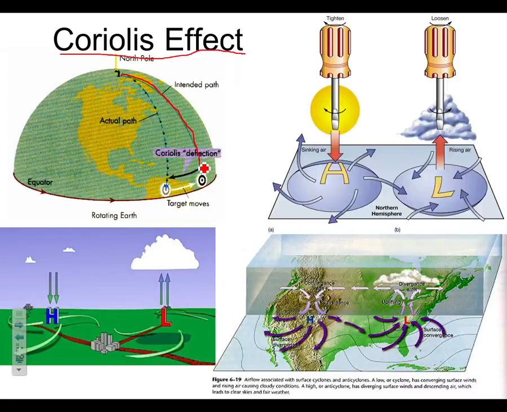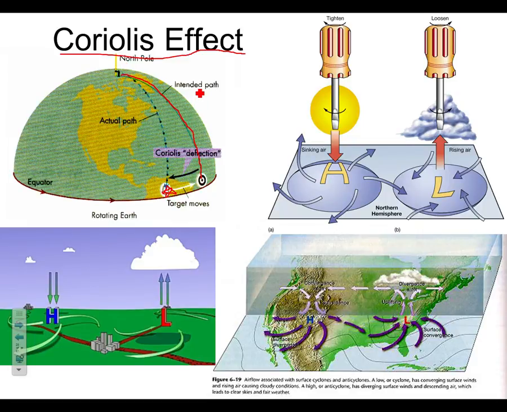So instead of hitting here, it's actually been deflected and you hit here. Maybe you hit where you don't want to hit. And because the Earth is spinning, the wind gets deflected. That was why hurricanes spin, if you remember. The wind was trying to go straight from the highs to the lows, but it had to turn because the Earth is spinning, because of the Coriolis effect.